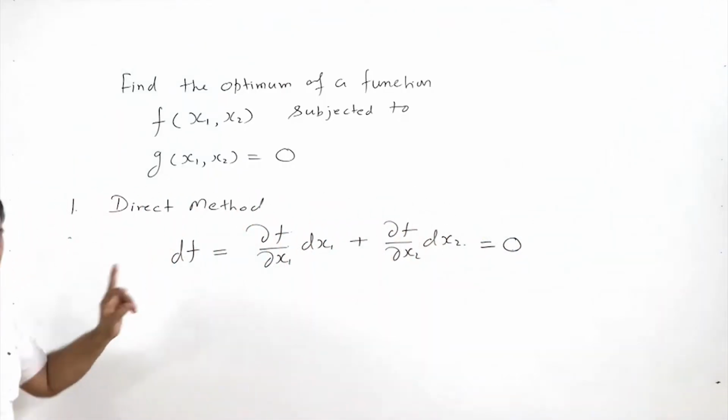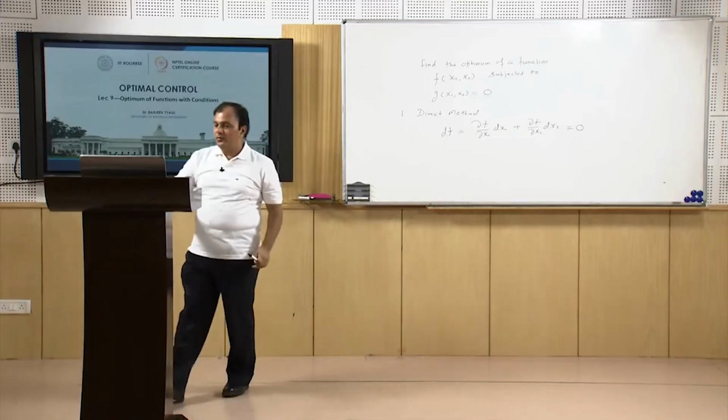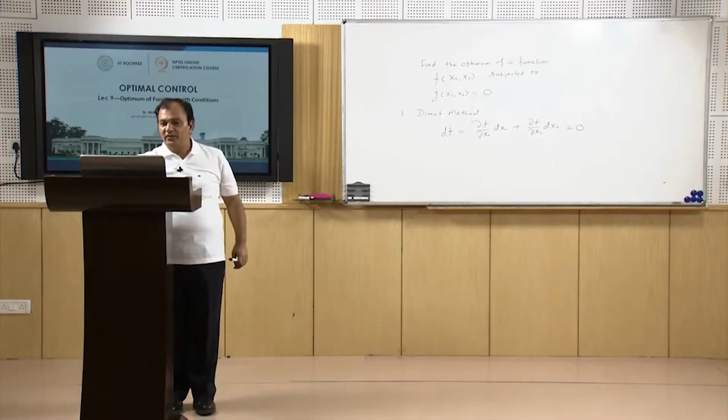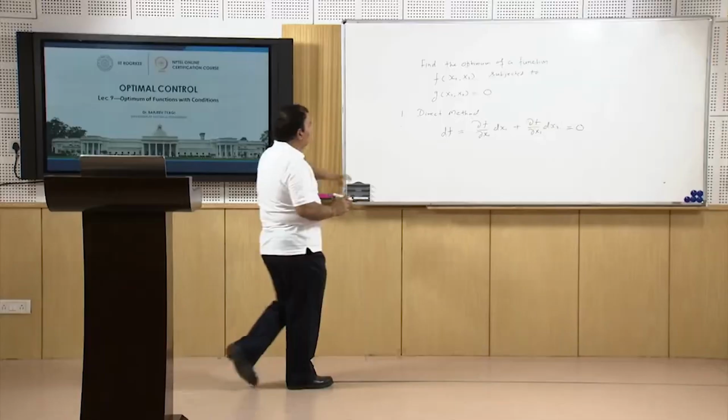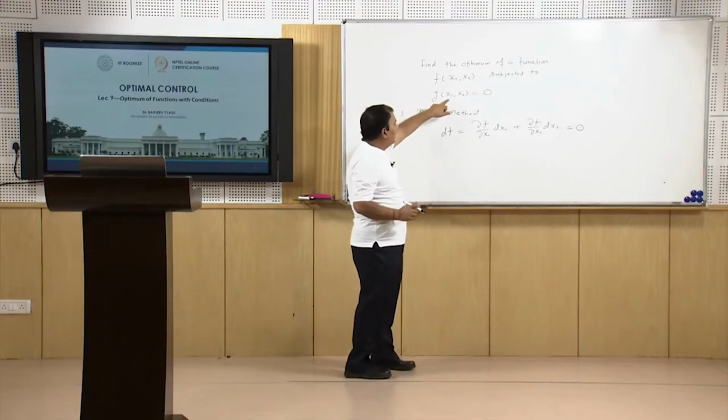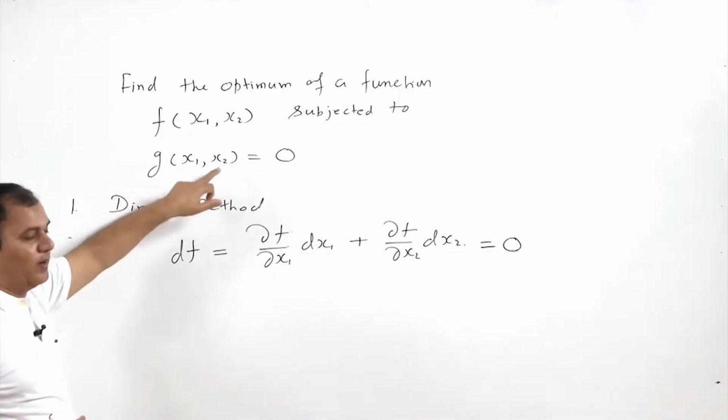So, this is my necessary condition for extrema, my df should be 0. Similarly, g is also a function of x1, x2.